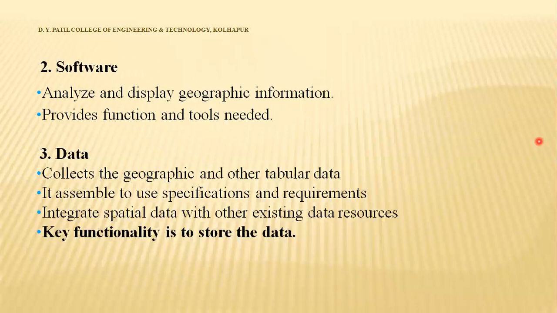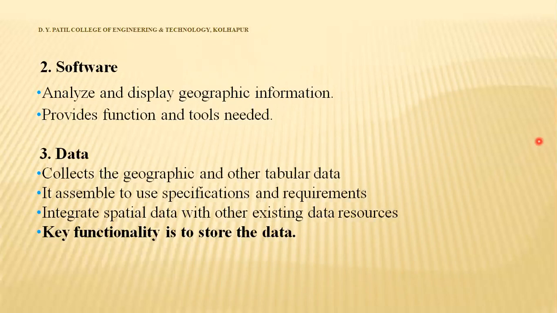Here, the key components of the software are tools for the input and manipulation of geographic information, a database management system, the tools that support geographic query, analysis, and visualization, and lastly a graphical user interface for easy access to the tools. Next component part is data.